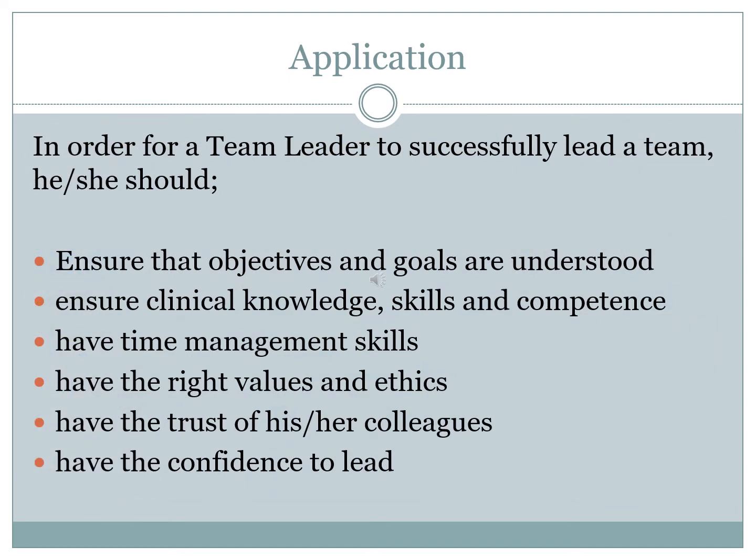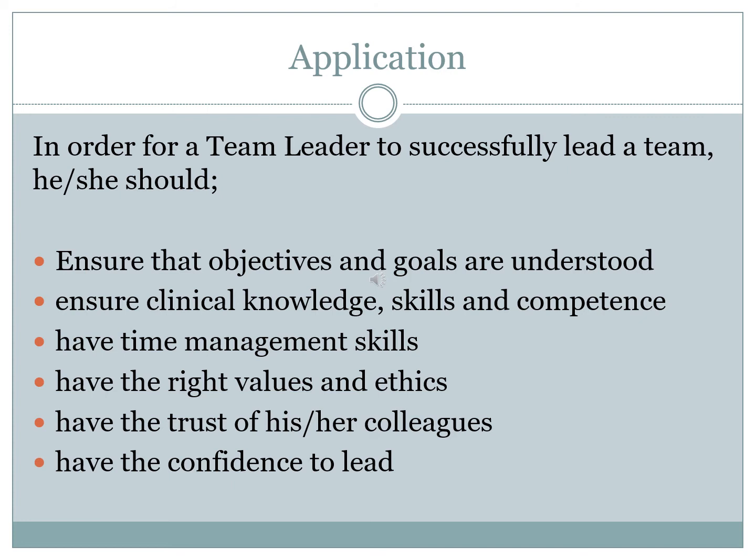So, more on the application: in order for a team leader or any leader to successfully lead a team, he or she should first ensure that the objectives and goals are understood by the subordinates or all of the team members. A failure to communicate, or a failure to make the whole team understand the objectives and the goals, on why we are working as a team or why we are working on such a project, is the failure of the leader himself.